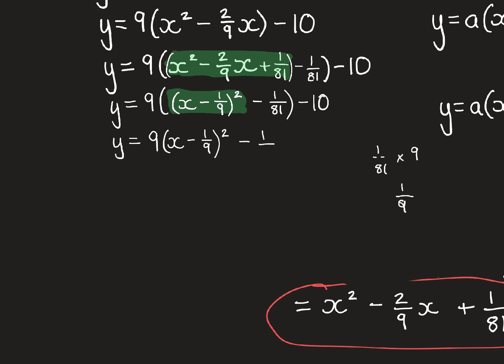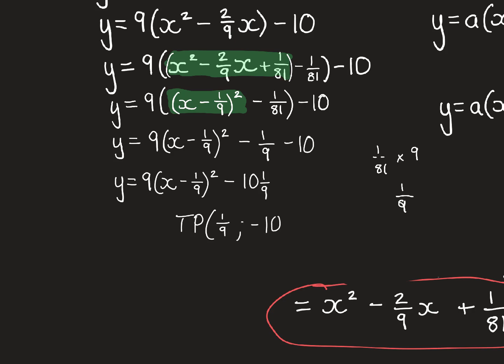So minus 1 over 9 minus 10. And then I'm just going to write it as an improper fraction. So there we go, minus 10 and 1 over 9. That means that our turning point is going to be a horrible looking one at this coordinate.